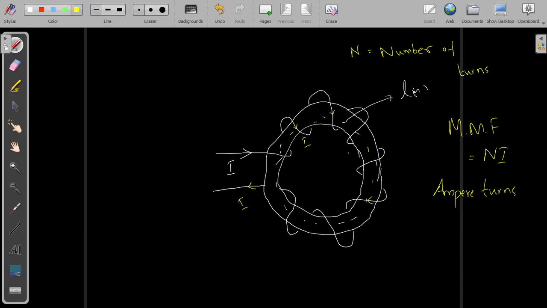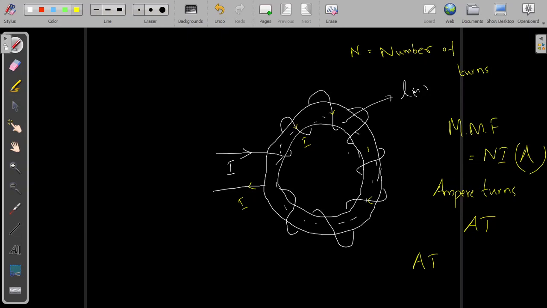Turns is just a number, so it has no unit, so the MMF unit is ampere.